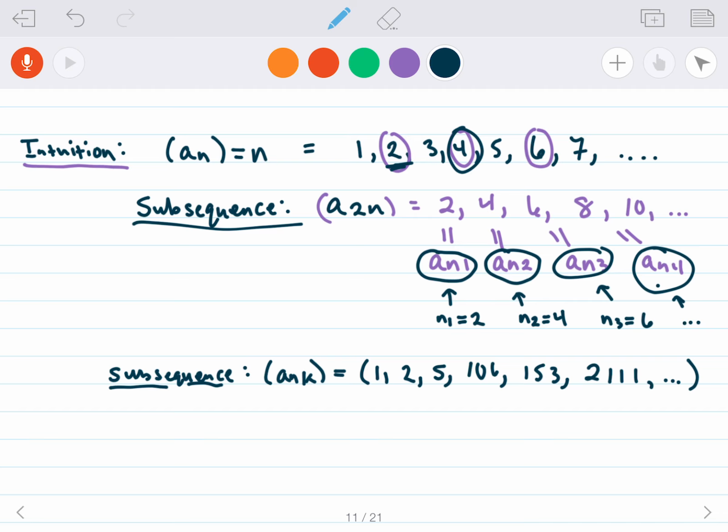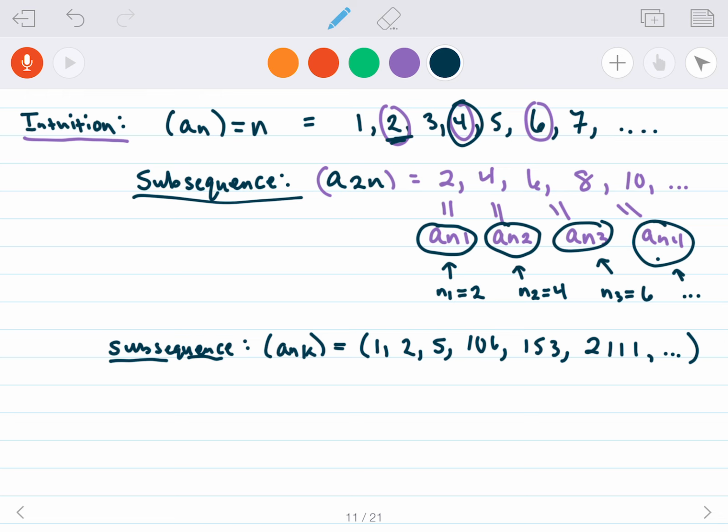So there's no pattern, but that's a perfectly valid subsequence because we have this guy, n1 is 1 because it's the first term in our original sequence, a sub n equals n. This is the second term, so n2 equals 2.